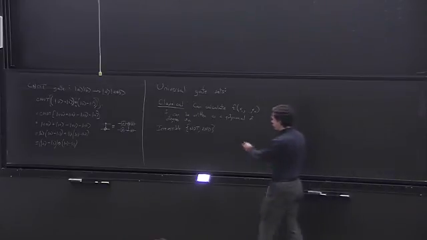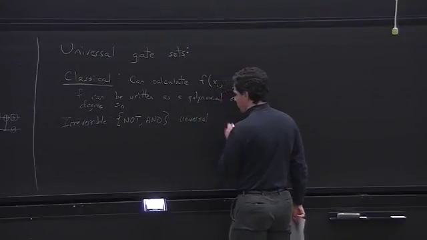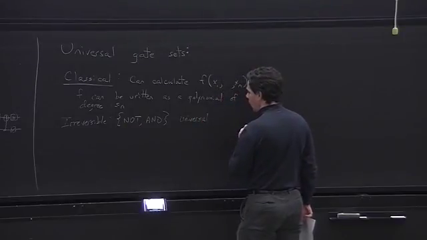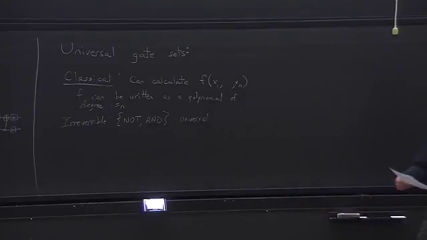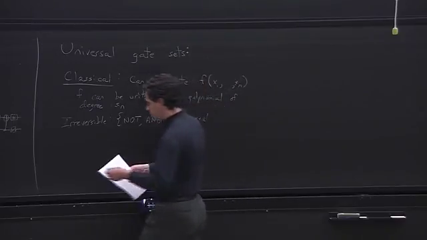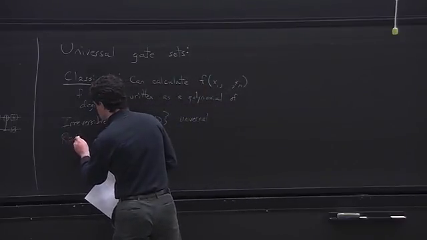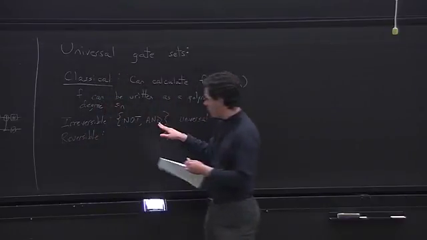So anyway, NOT and AND is a universal classical gate set for irreversible computation, which means that putting them together, you can calculate any function. But then if we go to reversible gate sets, well, we don't have the AND anymore.